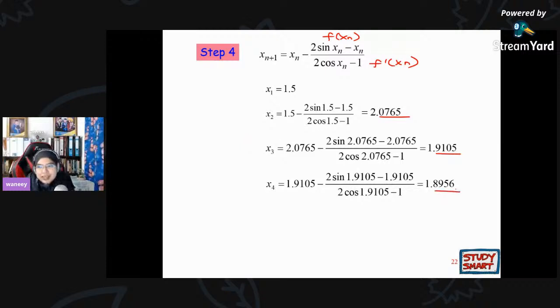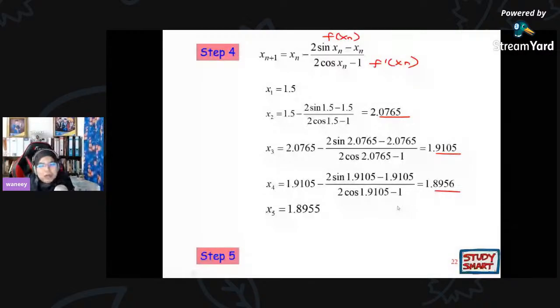And they are not equal yet. Not equal yet. So what do we need to do? We need to do another iteration. So go to x5. So x5 is 1.895. Okay, so basically for me, I'll continue again. But if you don't want to continue, it's up to you.